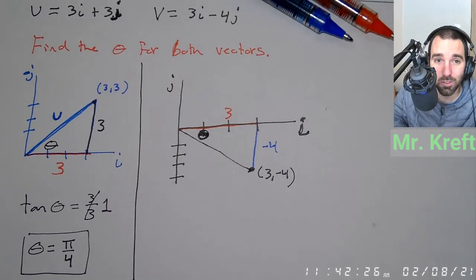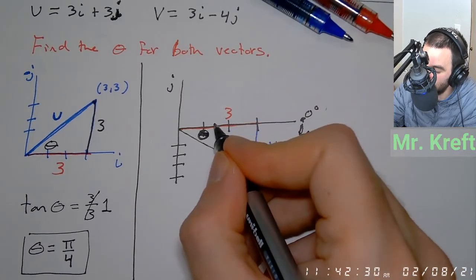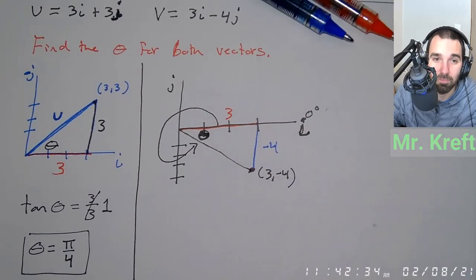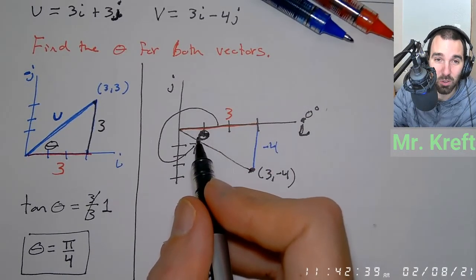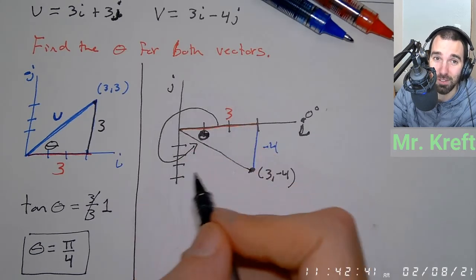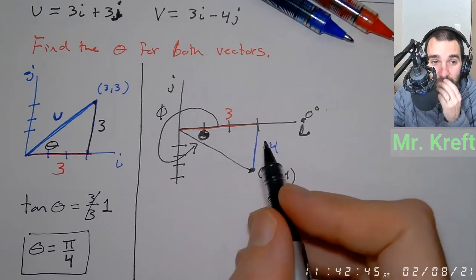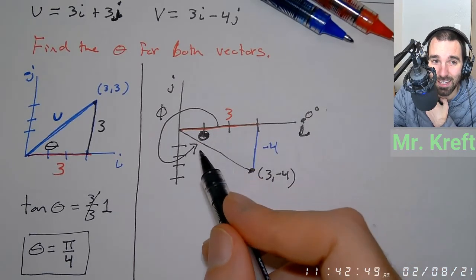Okay, so this is going to be a little trickier because remember we start at 0 degrees. So this angle is actually going to be this angle. Does that make sense? So we're going to find this angle here, and then once we find it, we're going to have to subtract it from 360 to get this angle here, because remember, our directions are from 0, not from negative.